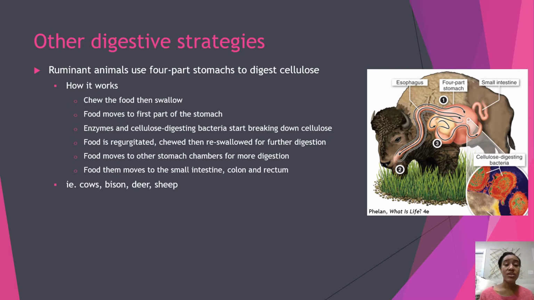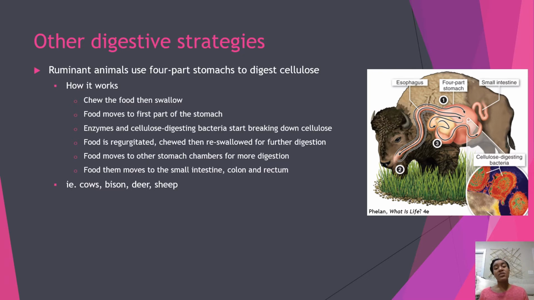So how ruminants do this is they first chew their food, like we talked about before, and they swallow it. But then once they swallow it, the food goes to a very interesting stomach. So our stomach has one chamber, but in ruminant animals, their stomachs often have several chambers, up to 4 chambers. And so the food will travel down their esophagus to their first chamber of their stomach. And in that first part of their stomach, they have enzymes and cellulose digesting bacteria that basically are just sitting in there waiting for this grass to come in.